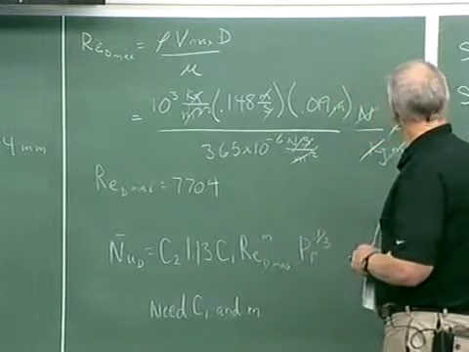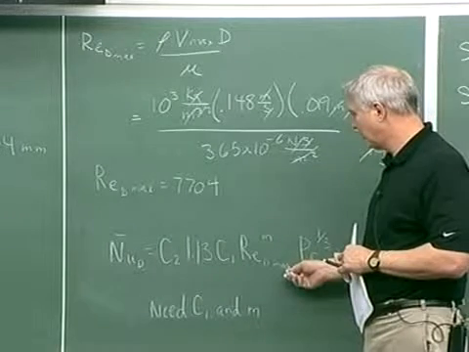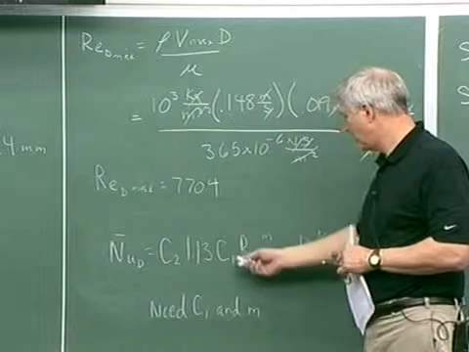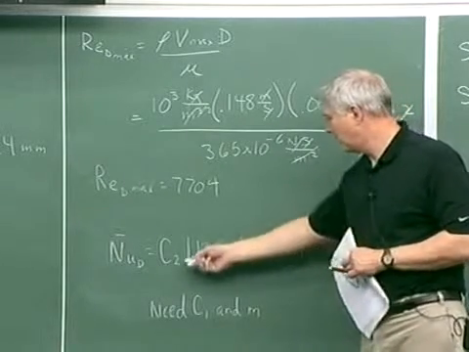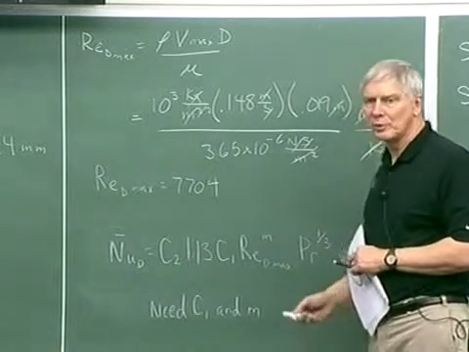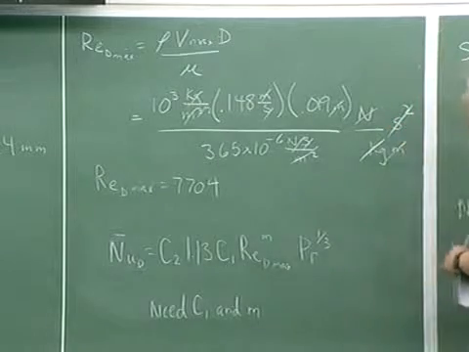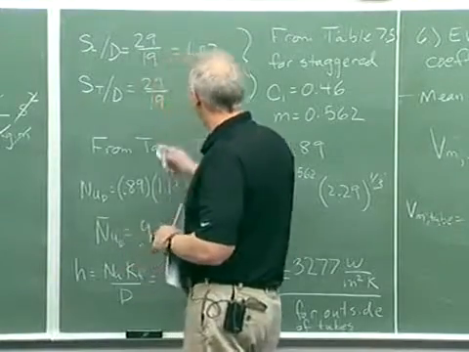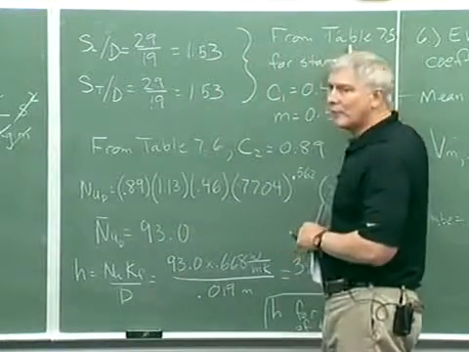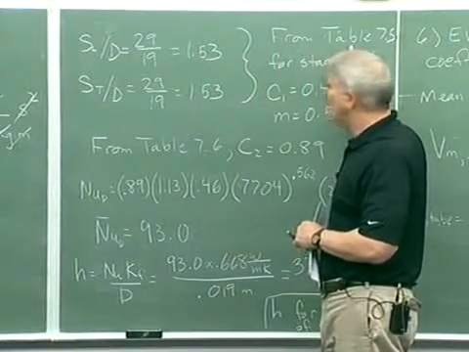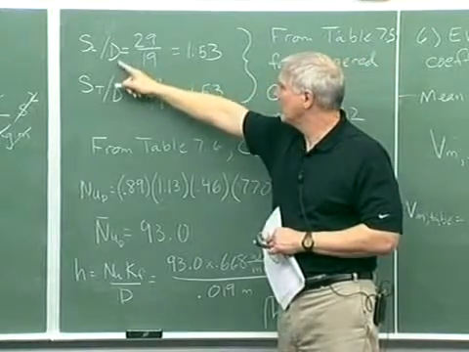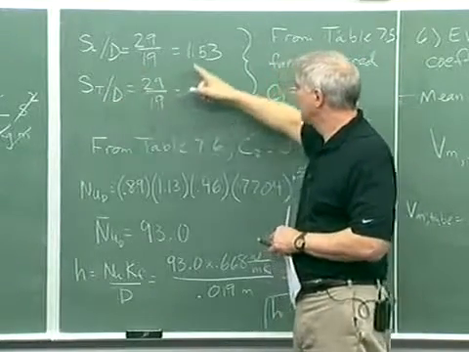So I chose to use this expression for our Nusselt number. All right, we need C1 and M and C2 in order to get the Nusselt number. We just discussed that previously. So in order to get C1 and M, we go to table 7.5 in the 6th edition, and we look under staggered flow, and we have to calculate SL over D and ST over D. It turns out they're the same.